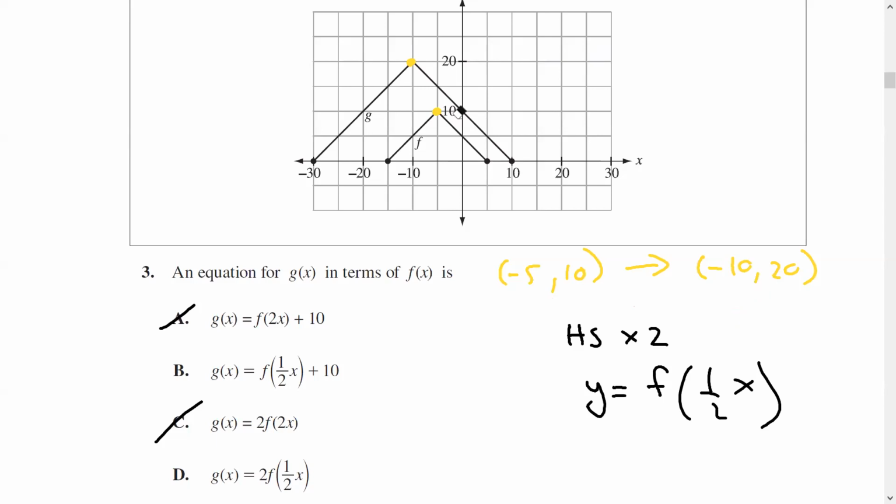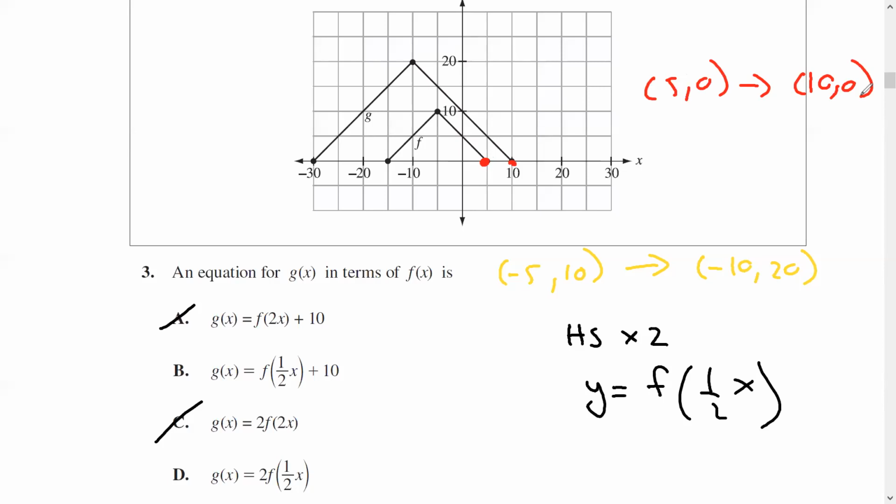So what I'm going to do is look at a different point. Let's look at this point here. That's the point (5, 0), and it's going to go to this point here, (10, 0). Okay, wait a minute.